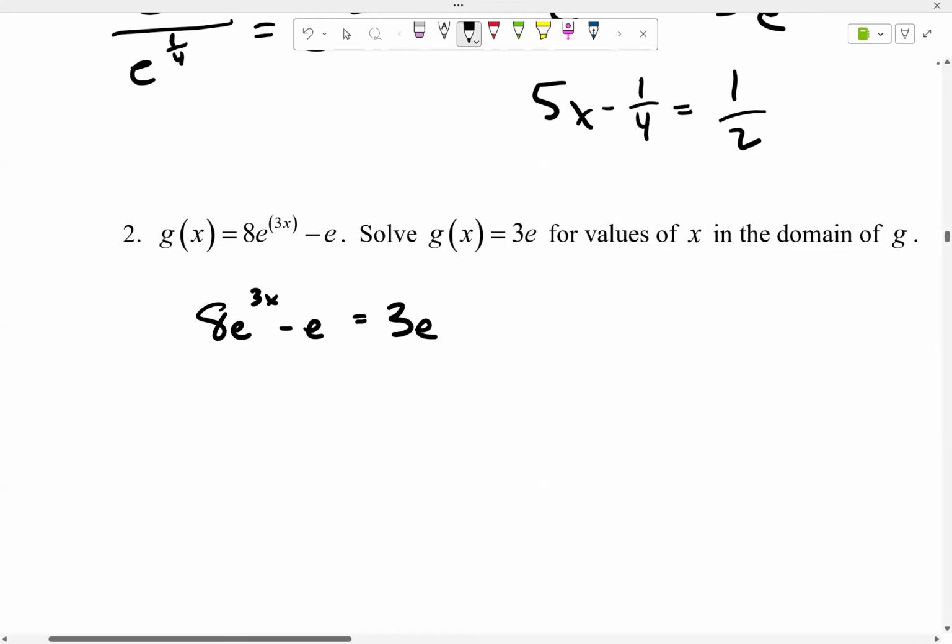Instead, I'm going to move that 3e. Why would I want that 0? Refactor it.